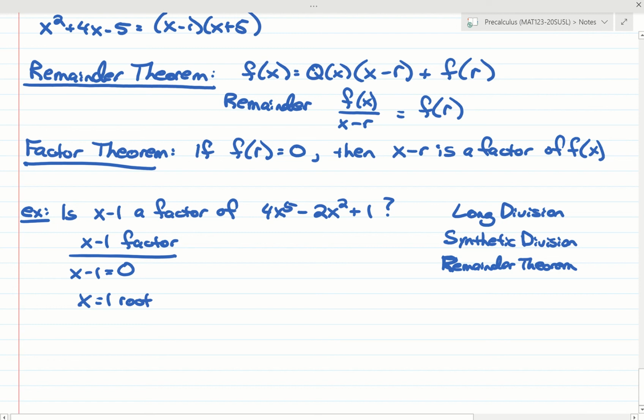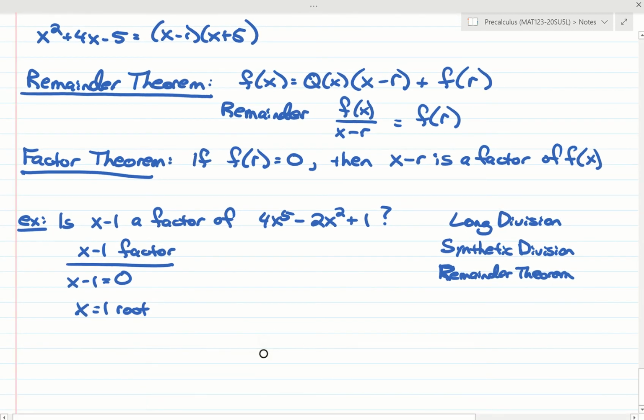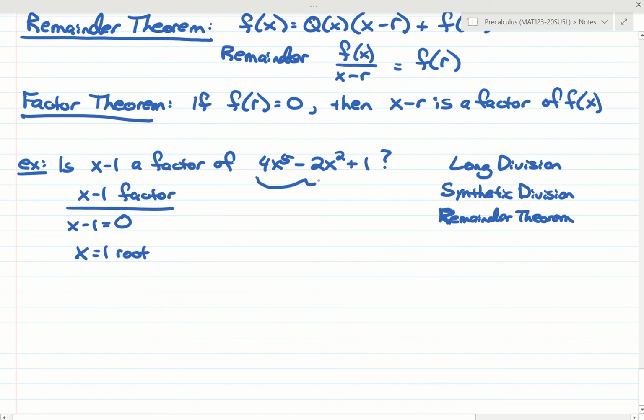Okay, so let's see what the remainder is. According to the remainder theorem, if this is f of x, the remainder would be f of 1. So let's plug in 1 for all the x's.